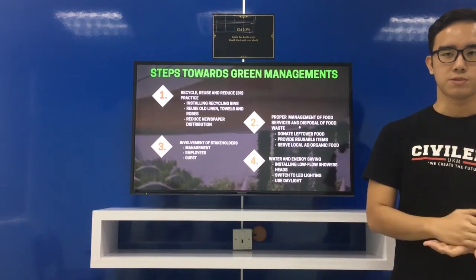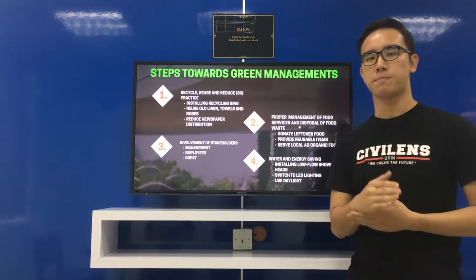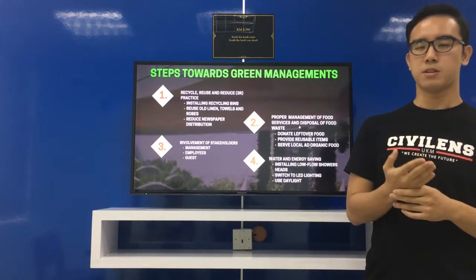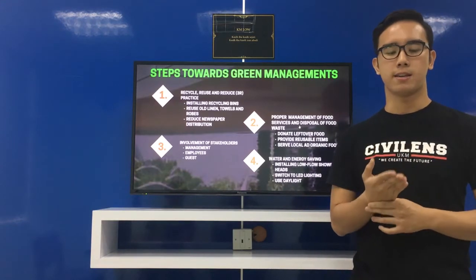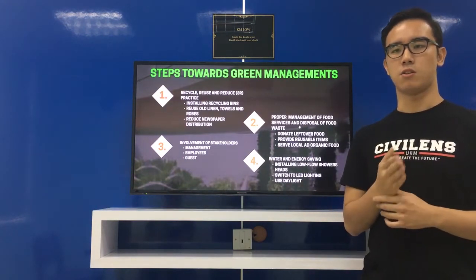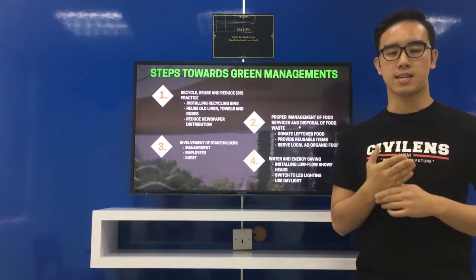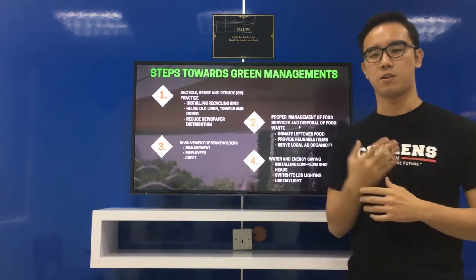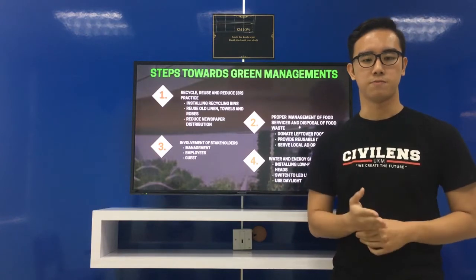And for the reduce part, we can reduce newspaper distribution. We only provide newspapers in public areas such as the lobby, and ask guests to request one when they check in instead of distributing one to every single room.